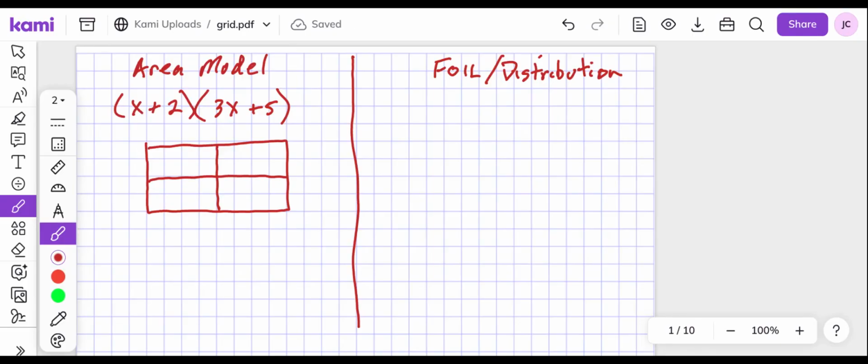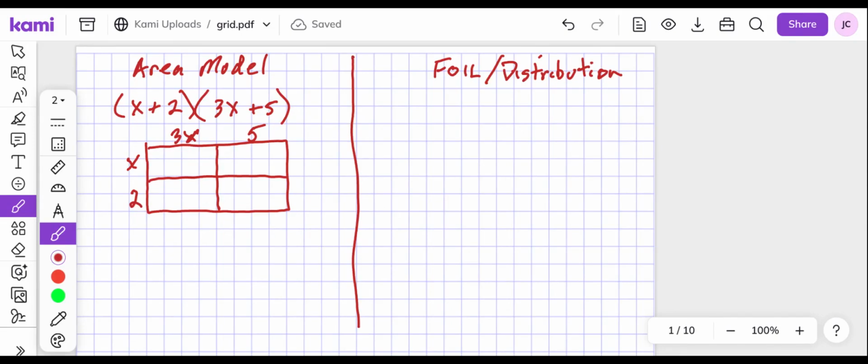And then in this triangle, I'm going to take one of the binomials and write the terms on the left edge. And the other binomial, I'm going to write terms on the top edge. Now these are both positive, so are being added, so I don't have any negative numbers to worry about.